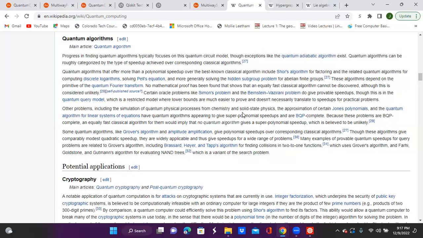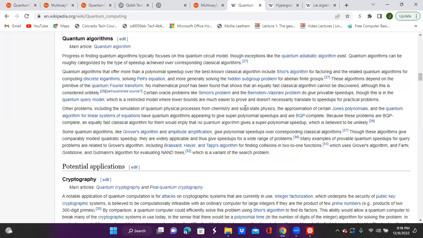Other problems include the simulation of quantum physical processes from chemistry and solid-state physics, the approximation of certain Jones polynomials, and the quantum algorithm for linear systems of equations, which have quantum algorithms appearing to give super-polynomial speedups and are BQP-complete.